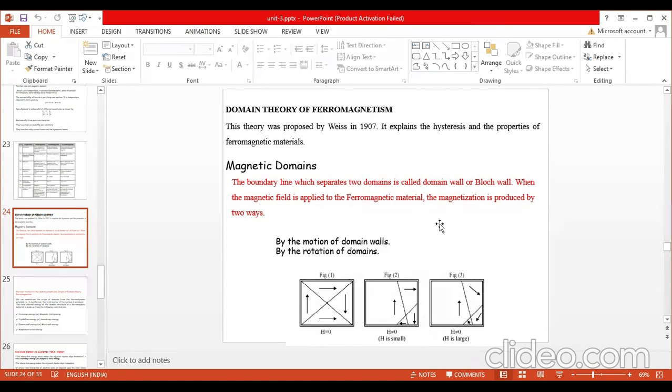When you see the diagram, there are three diagrams. In the first one, the dotted lines indicate the domain walls. The arrow marks indicate the domains.